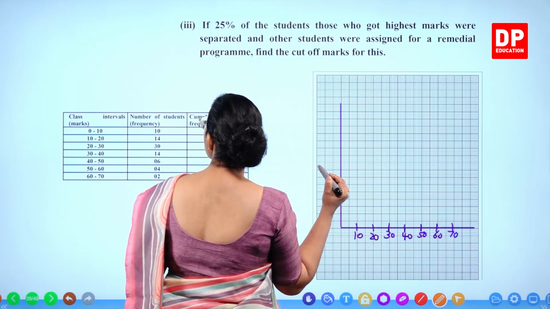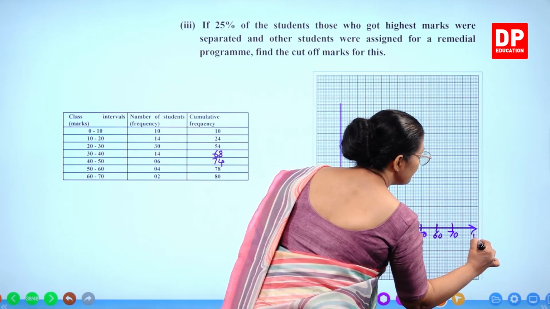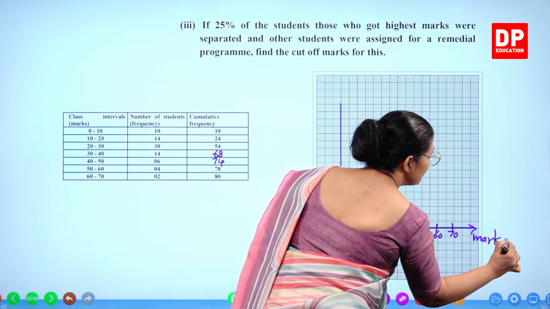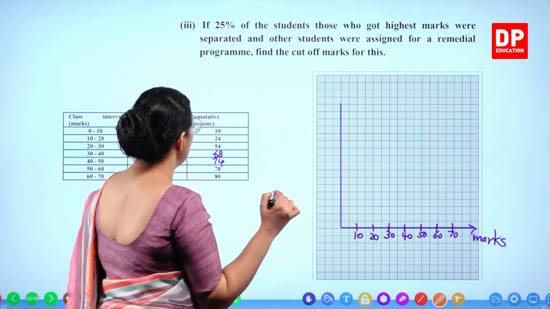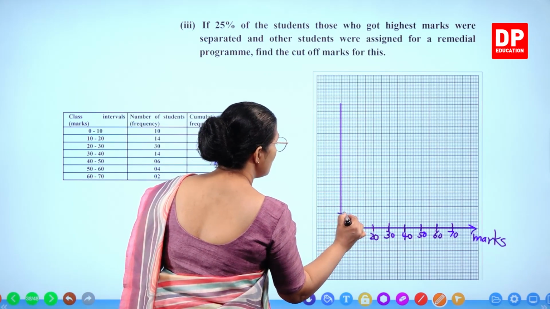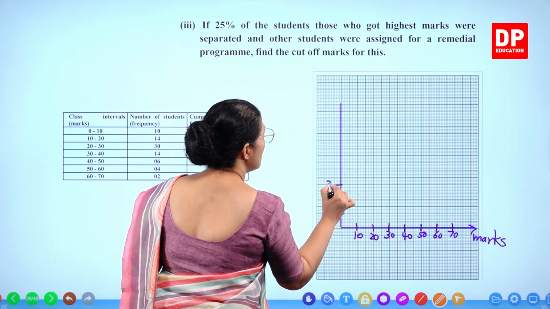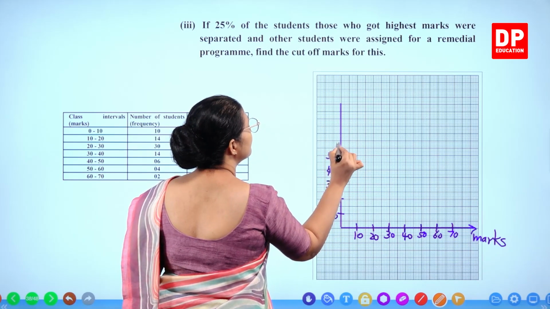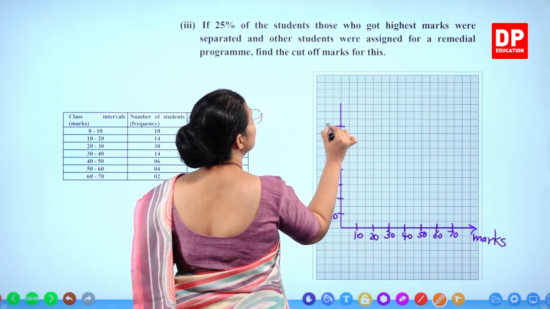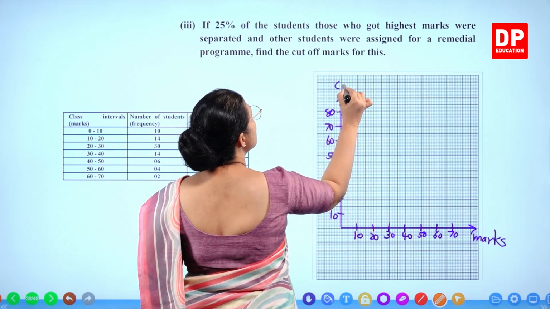That's the x-axis, that's marks. And the cumulative frequency up to 80, here also we can take 10 squares for 10. This is cumulative frequency.